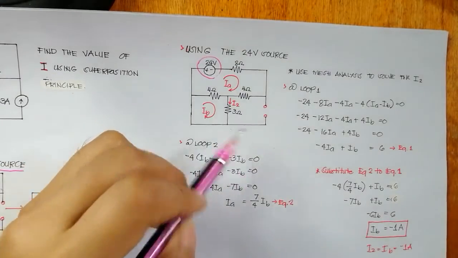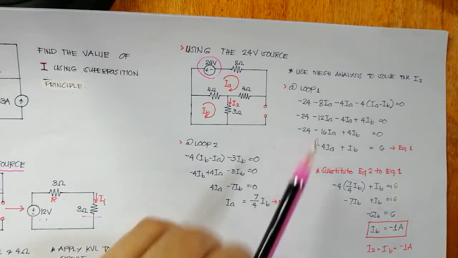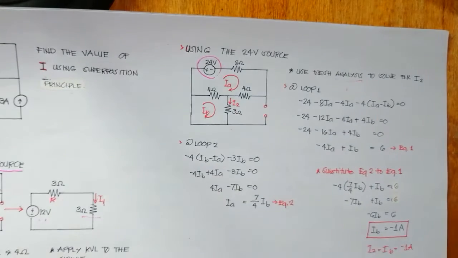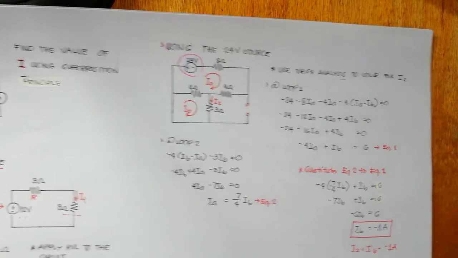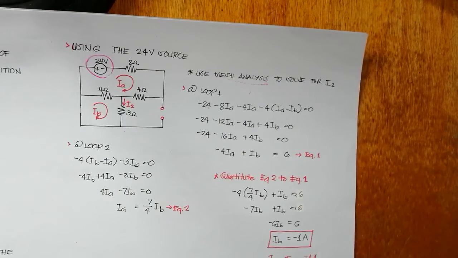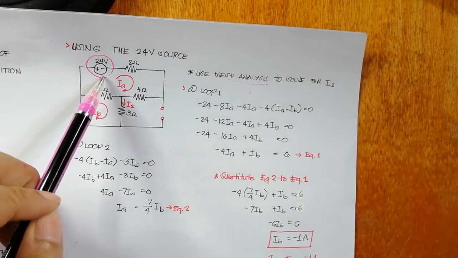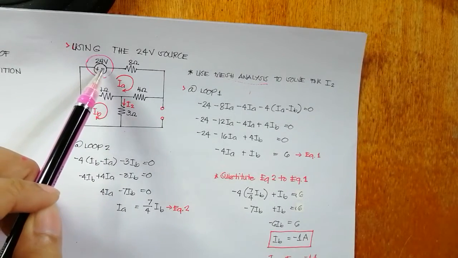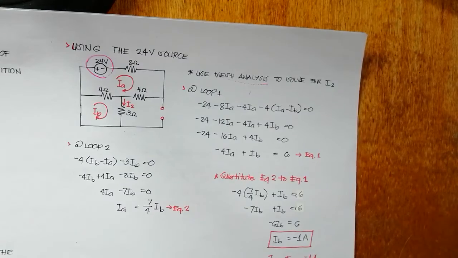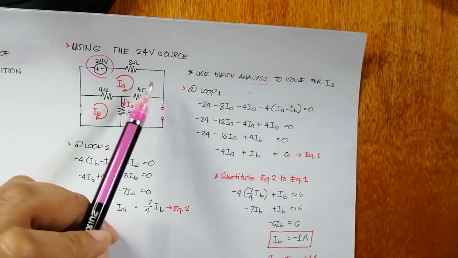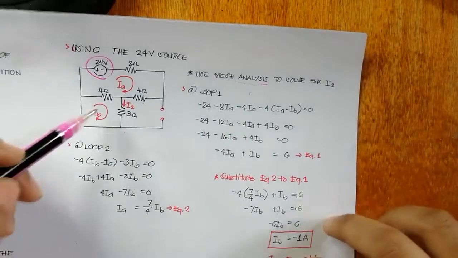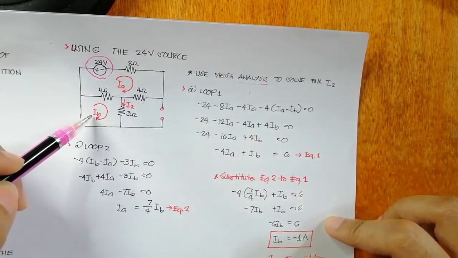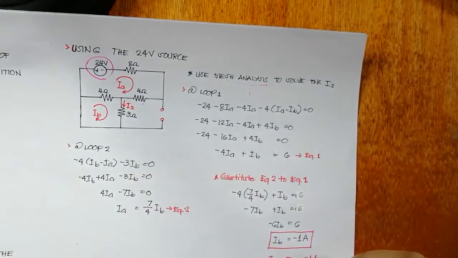So this is now the circuit. Then we can use mesh analysis to solve for the current I2. For loop 1, we have negative 24 since it is plus to negative, minus 8IA, minus 4IA, minus 4IA, minus IB is equal to 0.